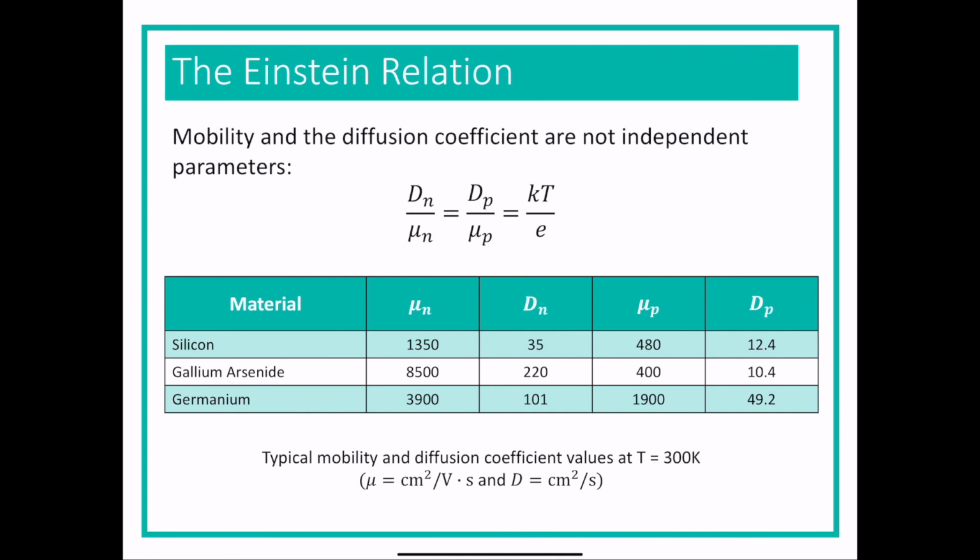These are typical values at 300 K, and you don't need to go and check if those ratios are correct, because they are. But basically this means if you know the mobility at a particular temperature, you can figure out the diffusion coefficient or vice versa.